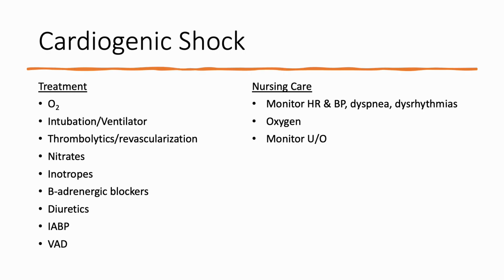Cardiogenic shock treatment involves a combination of medical interventions and nursing care. So, you want to provide oxygen therapy to improve tissue oxygenation, intubation and mechanical ventilation if respiratory failure is present, and give thrombolytics or revascularization procedures to restore blood flow in cases of myocardial infarction, and nitrates to reduce preload and improve coronary blood flow.